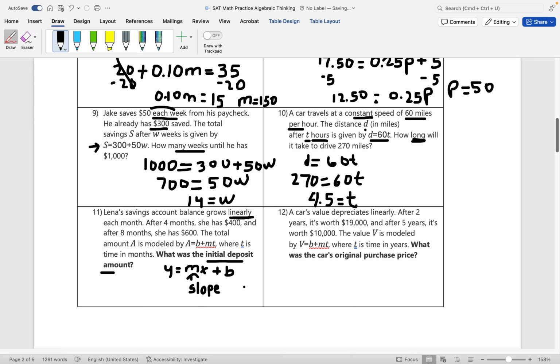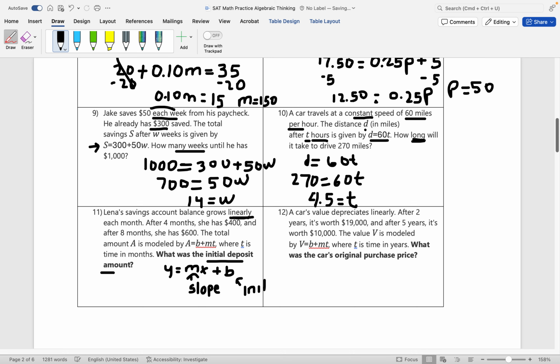So we have the slope, and now the B in Y equals MX plus B, this B represents the y-intercept, or in this case, because it's a real life scenario, the initial value. Okay, so this is the initial value, which is what the question is asking for. What is the initial deposit?